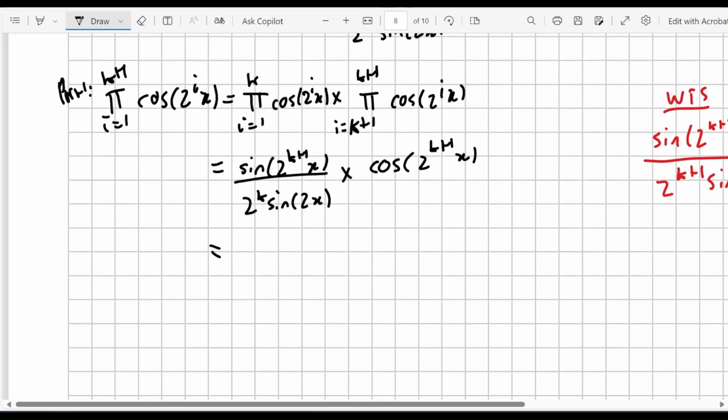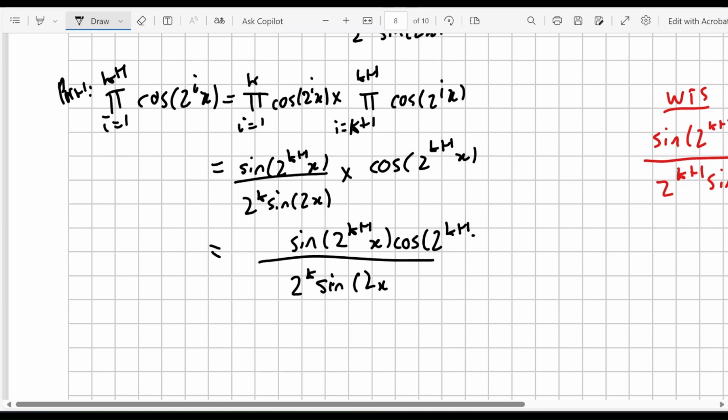We don't need to cross multiply because we're already multiplying the fractions. So I can just multiply the tops and the bottoms, if you think of this one as being over 1: 2^k sine of 2x in sine of 2^(k+1) x cos of 2^(k+1) x.